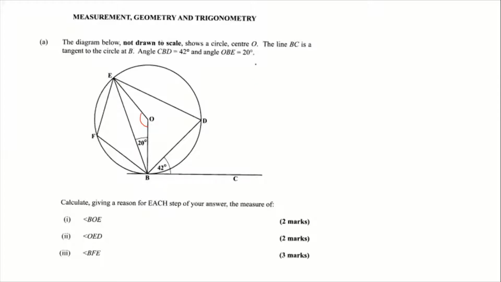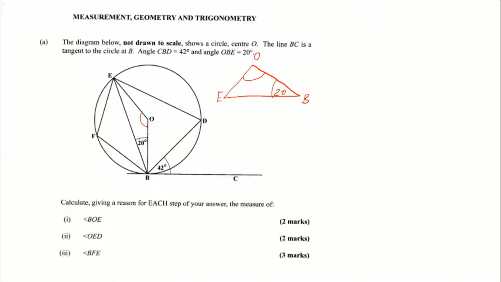So let us make a sketch of that triangle right here, so we don't have too many lines to focus on. So this is O. Now at this point that's E, and at this point was B, and that was given as 20 degrees. We were asked to find this angle, so that's what we have there.